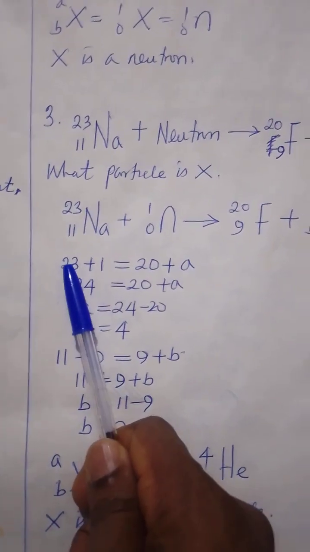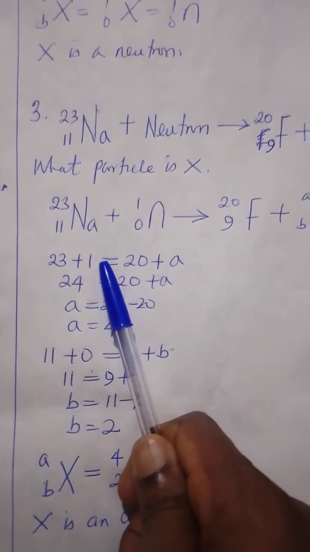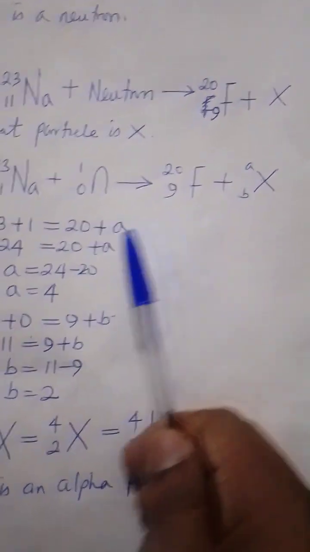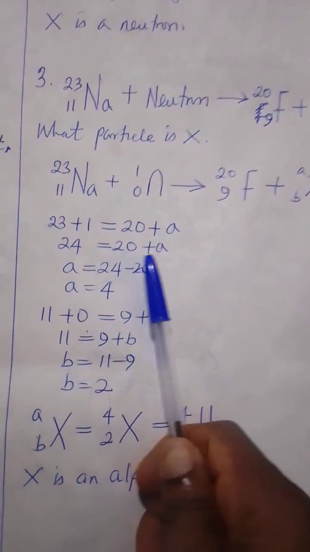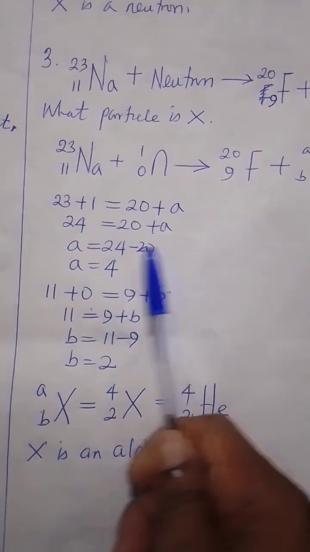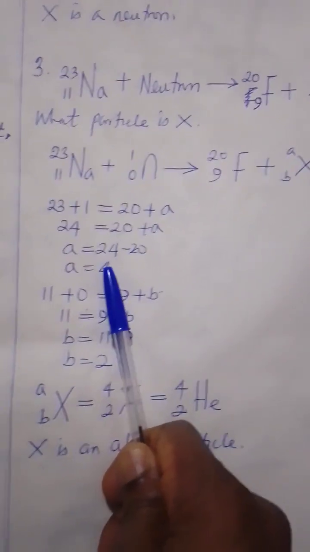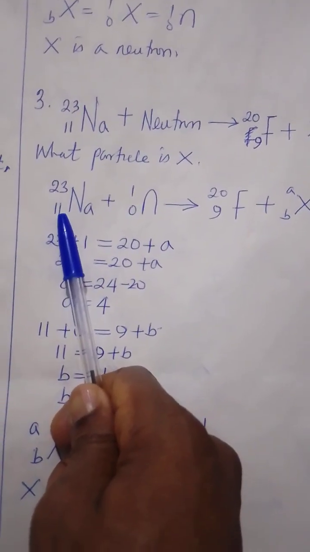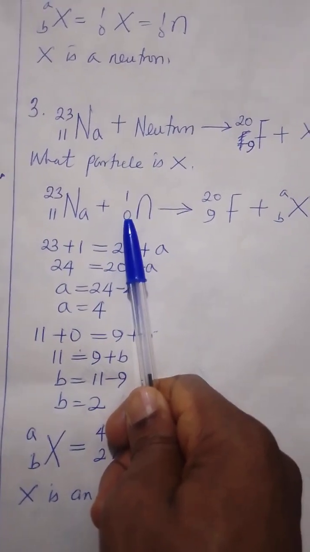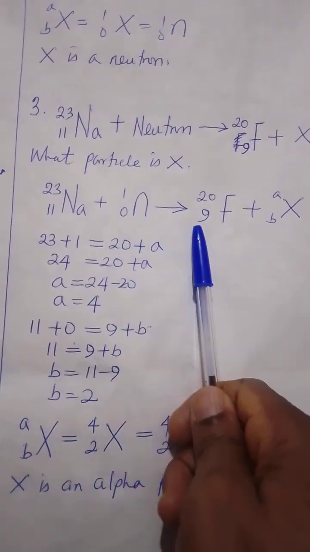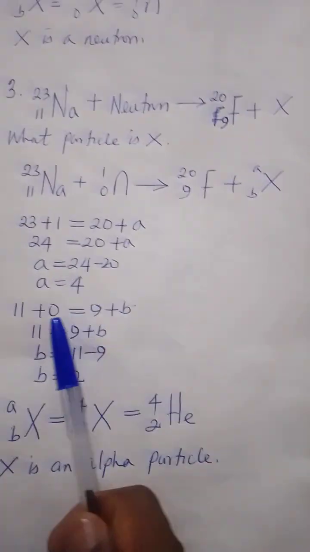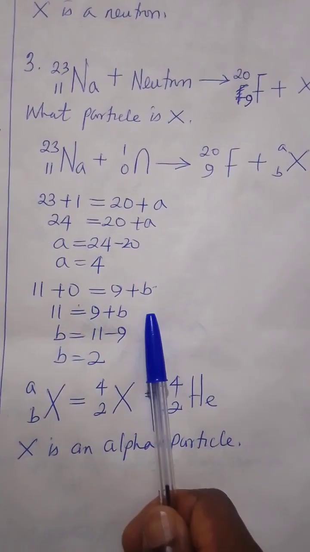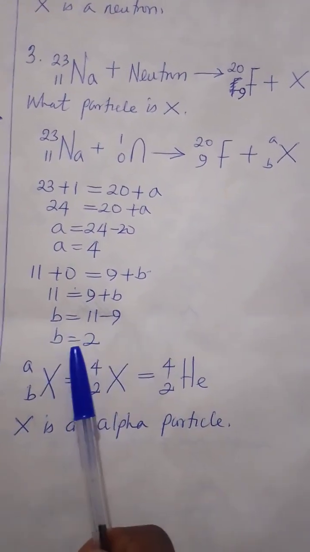That is 23 plus 1 equal to 20 plus A. So 24 is 20 plus A. When you resolve properly, A is 4. Looking at the atomic numbers now, 11 plus 0 is equal to 9 plus B. So 11 is 9 plus B. B is 11 minus 9.